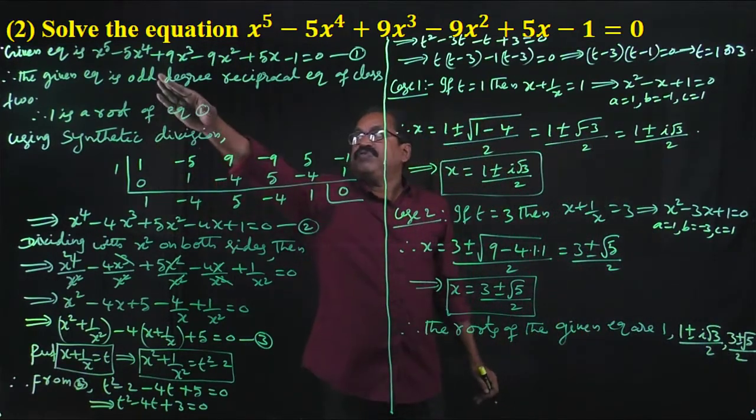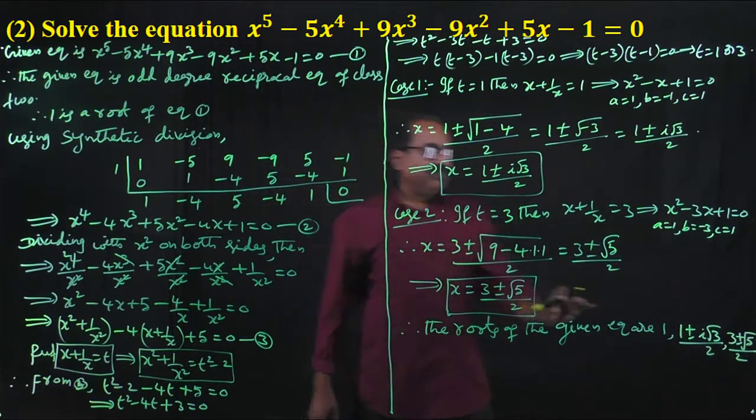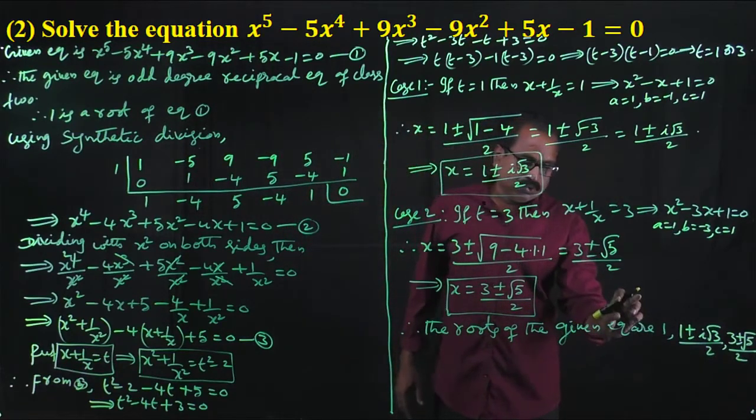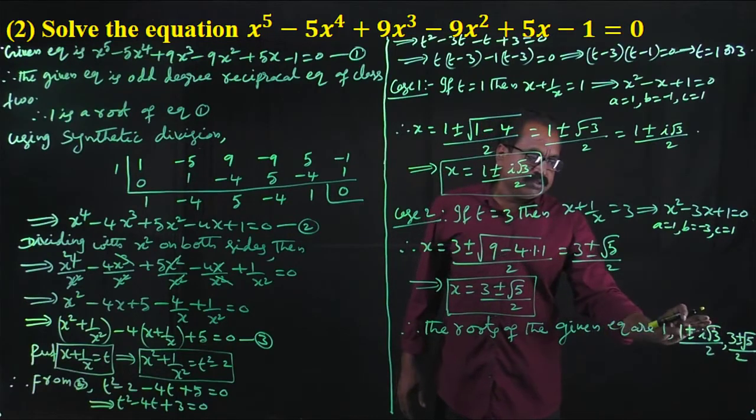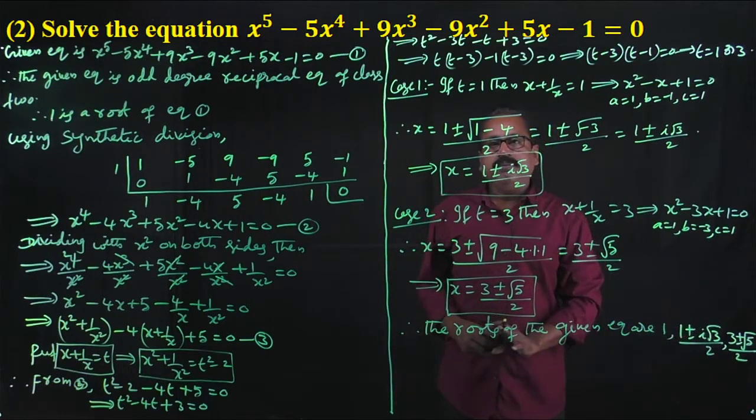So this is a fifth-degree equation, so we get 5 roots: 1, 1 plus or minus i root 3 by 2, 3 plus or minus root 5 by 2.